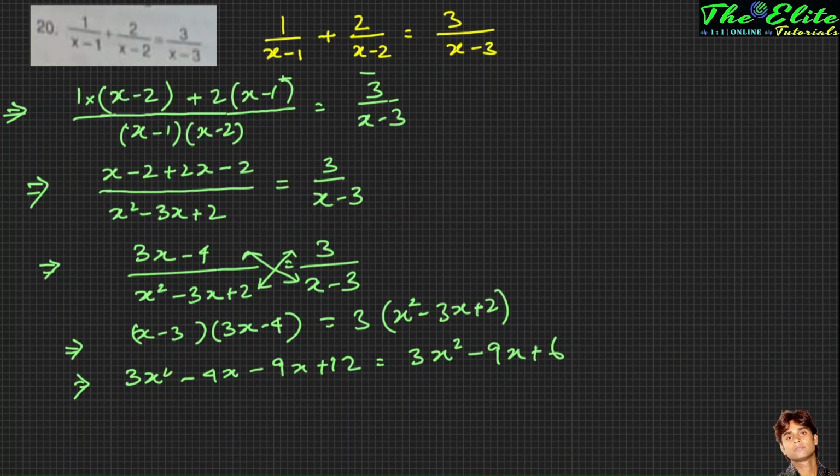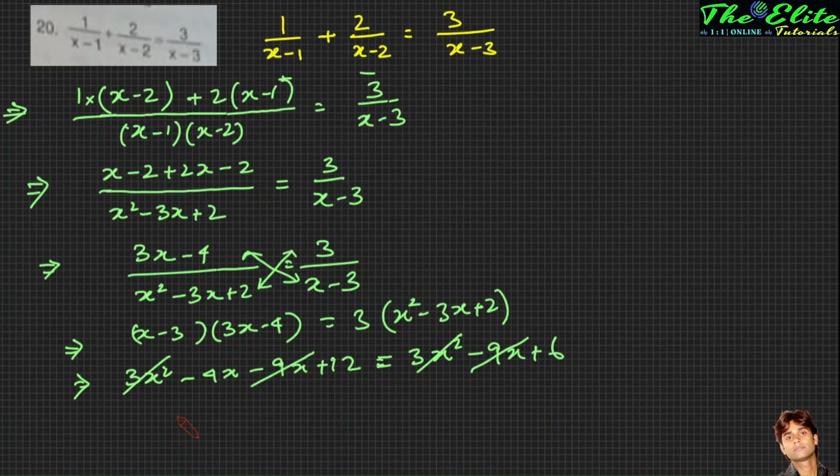Now you can see 3x square on the left hand side and 3x square on the right hand side. Same terms, same number, same sign will be cancelled. We can also do one more cancellation here: minus 9x here and minus 9x here as well. It again will get cancelled.